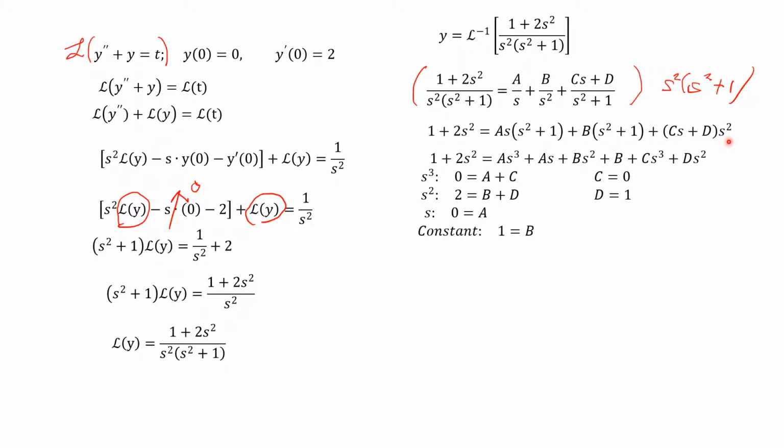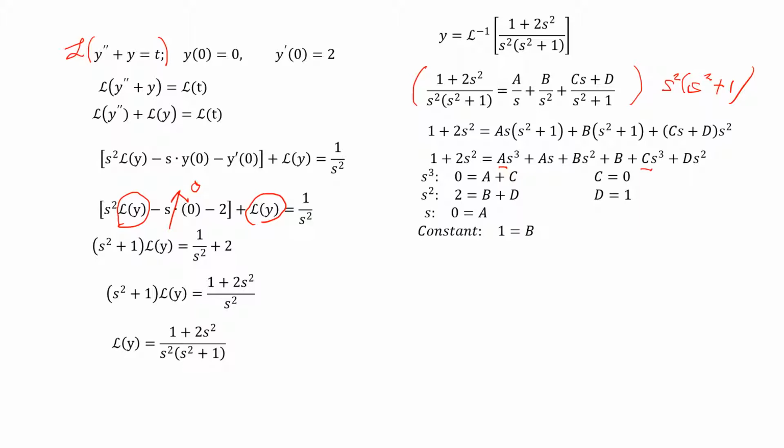Now simplify. This is the same as as cubed plus as plus bs squared plus b plus cs cubed plus ds squared. Now notice that you can combine all the s cubed: a and c.